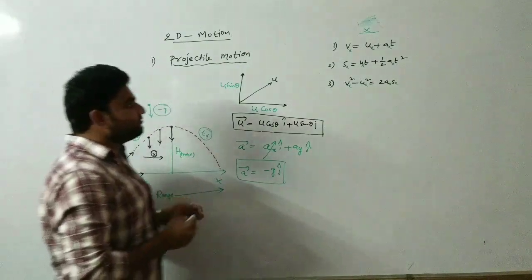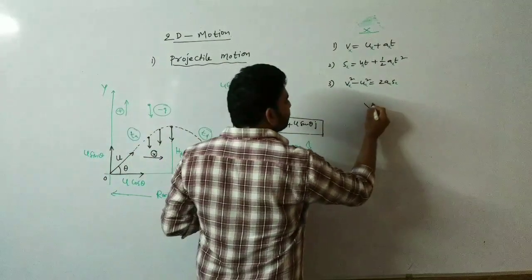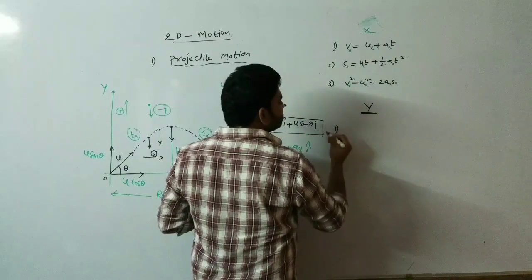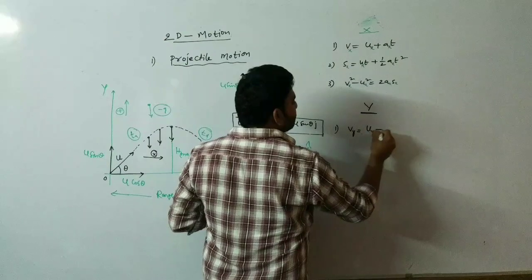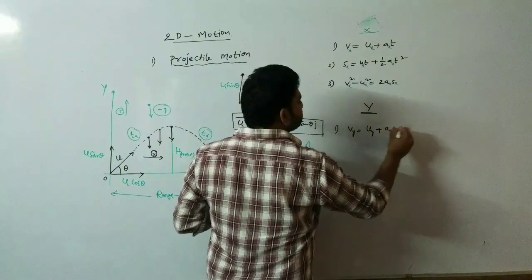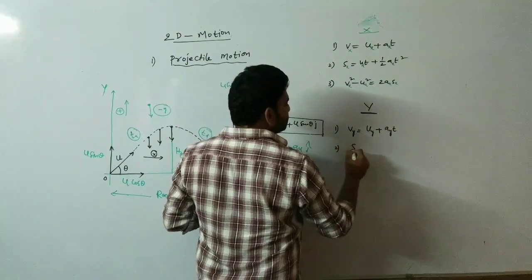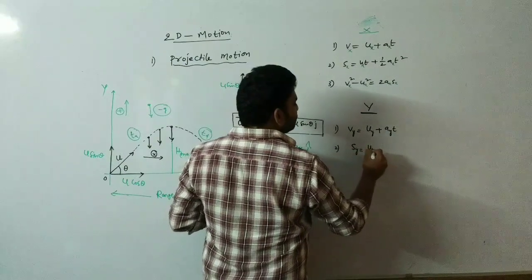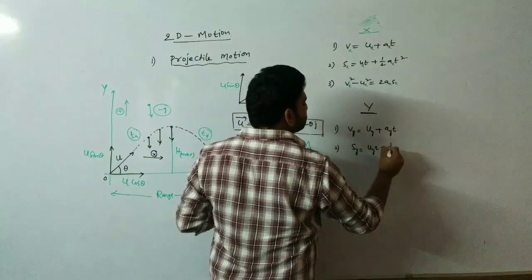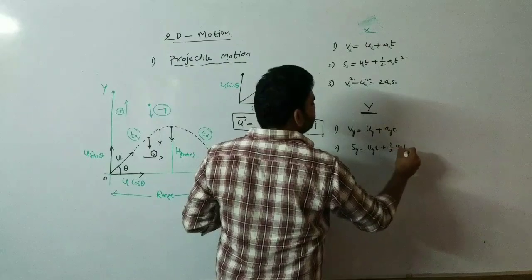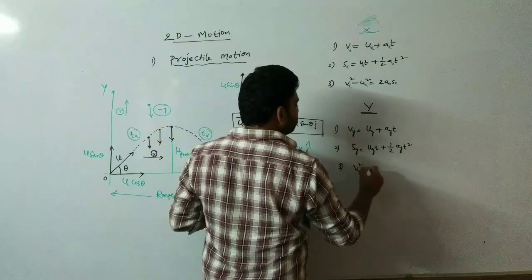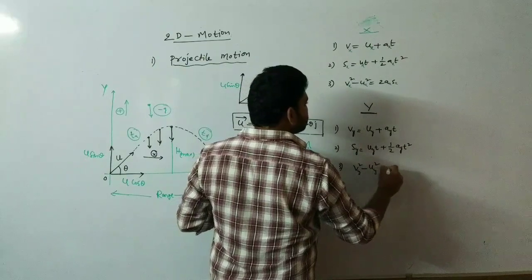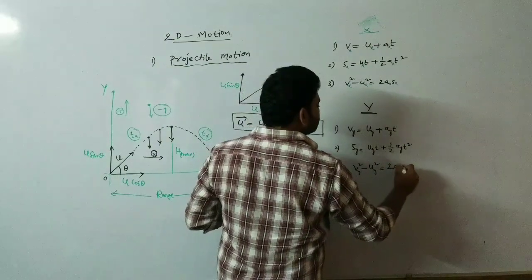In the same way, if I write the same equations in terms of the y-axis, my first equation becomes vy equals uy plus ay t, the second is sy equals uy t plus half ay t square, and the third is vy square minus uy square equals 2 ay sy.